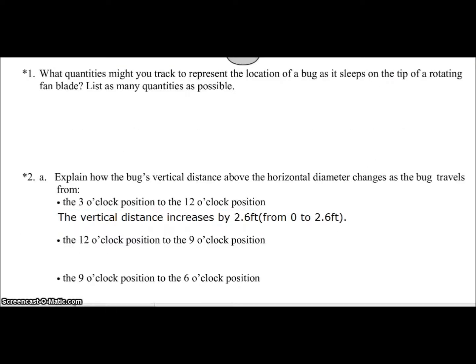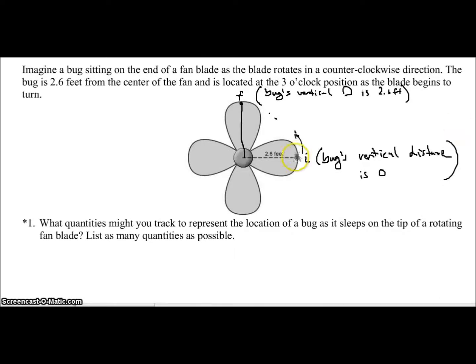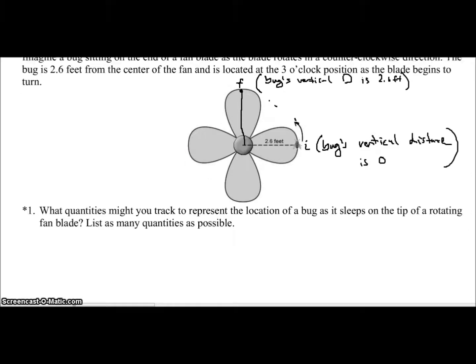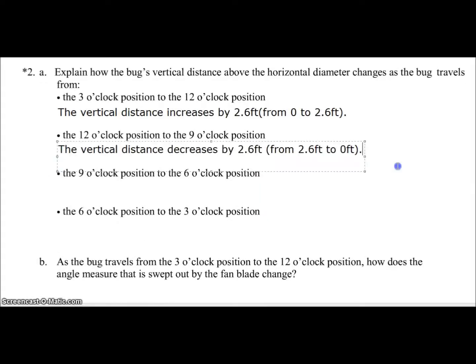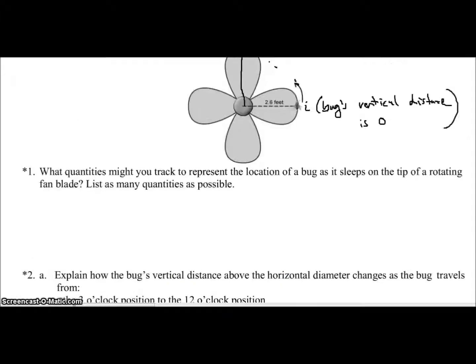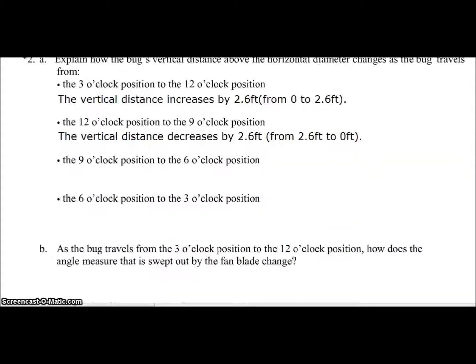Then, if the bug goes from the 12 o'clock position to the 9 o'clock position, notice that we're going to decrease in height by 2.6 feet. Then if we go from 9 o'clock to 6 o'clock, we're going from a vertical distance of 0, then down below we can call that a negative 2.6 feet. So again, we're decreasing by 2.6 feet.